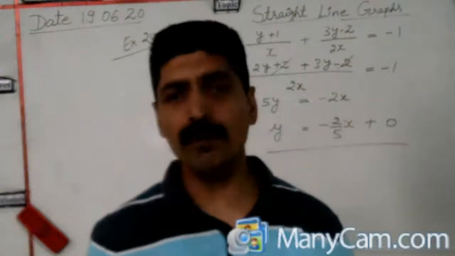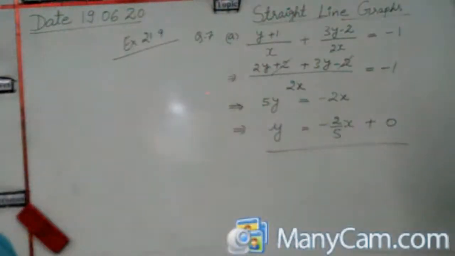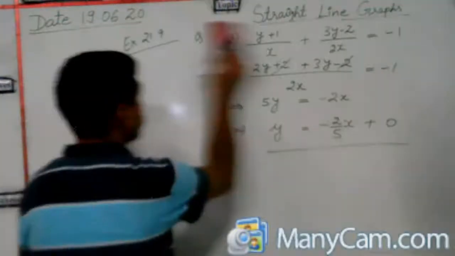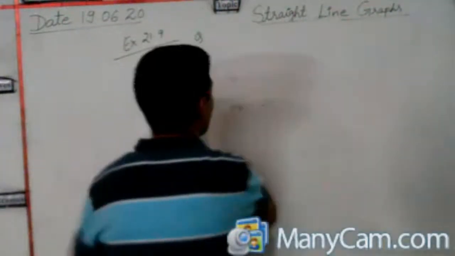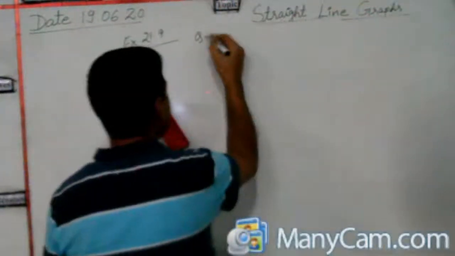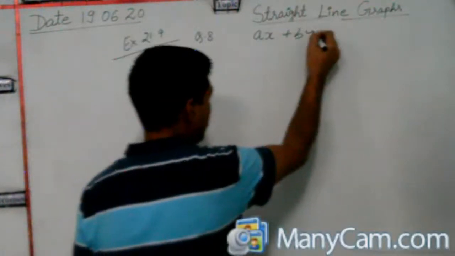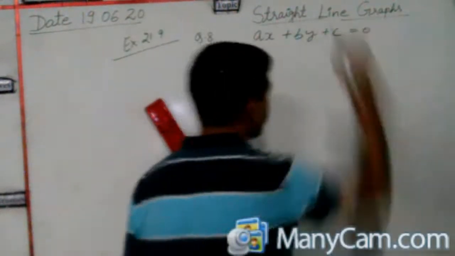Let's take one more part from question number 8. Here we need to convert the equation into ax plus by plus c is equal to 0.